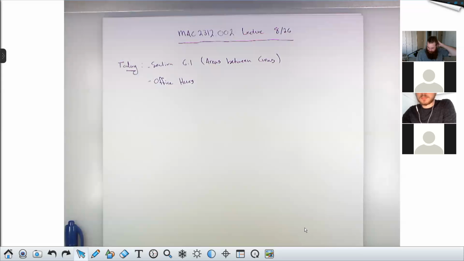Okay, cool. So today we're going to talk about areas between curves, which is section 6.1 in your textbook. Calc 1 is supposed to cover this, but usually does not.